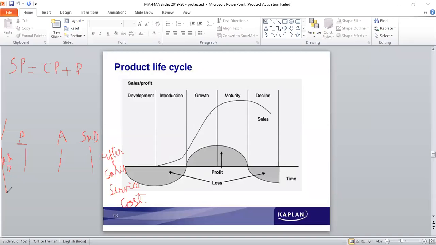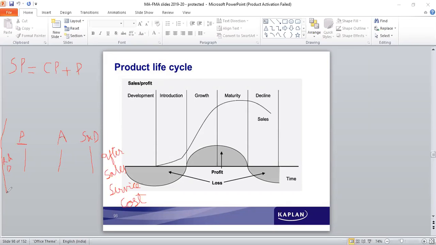So for that, is the seller collecting any amount from the buyer? No, he won't be collecting any amount from the buyer. It is a service provided free of cost because that is covered under the guarantee warranty period. So the seller is obliged to take up these costs.